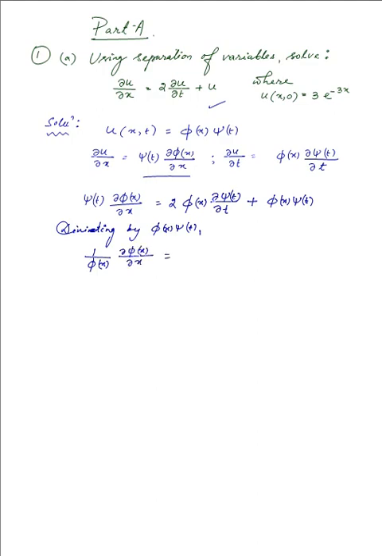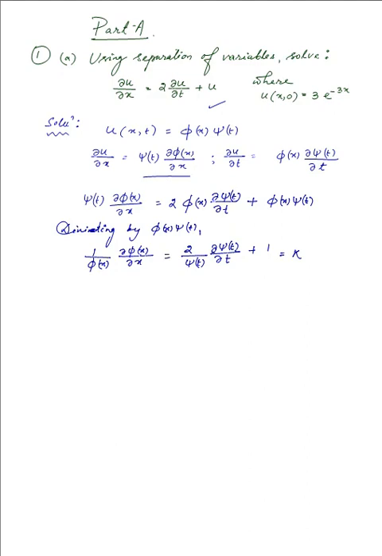And on the right hand side we have 2, the phi x values get cancelled, and we are left with psi t in the denominator, and that multiplied to del psi t over del t, plus this quantity goes to 1.